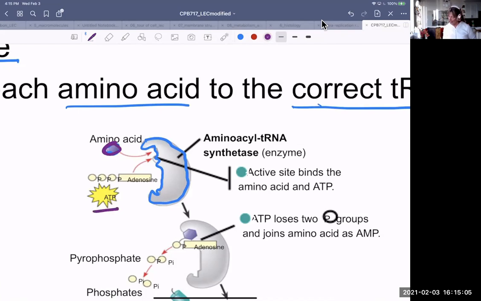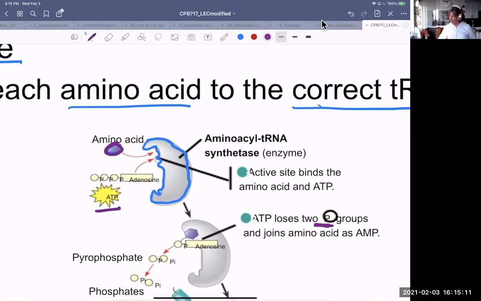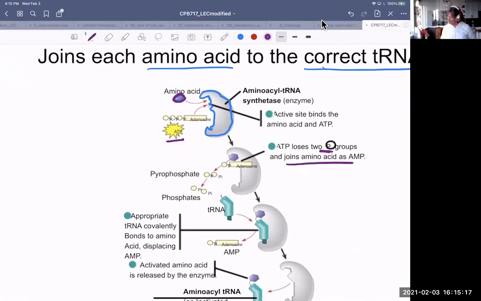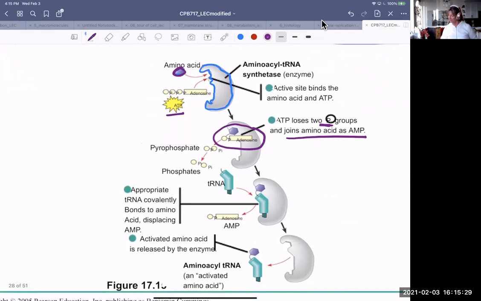So here's our ATP. And it splits, it loses two phosphate groups. And that action joins the amino acid as adenosine monophosphate. And that becomes a little molecule in and of itself.